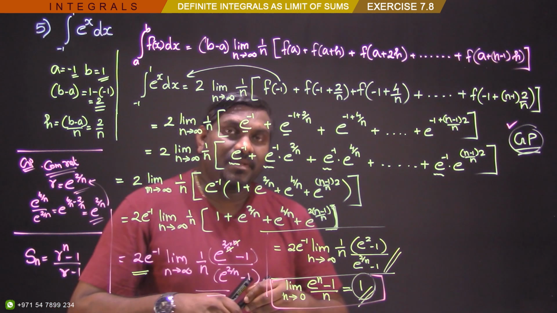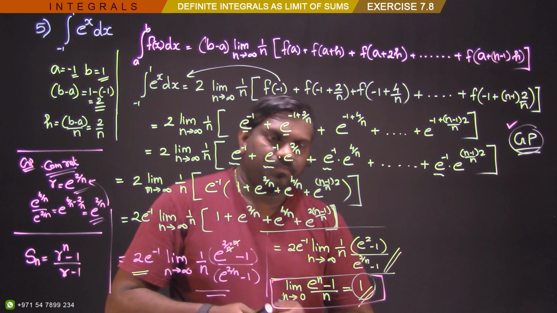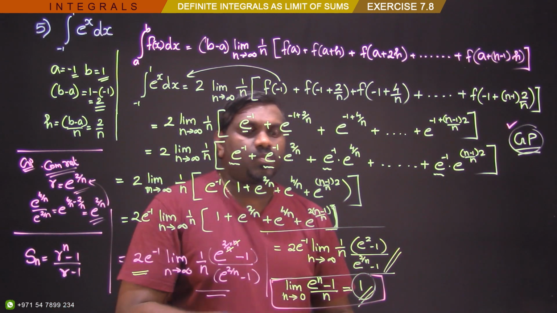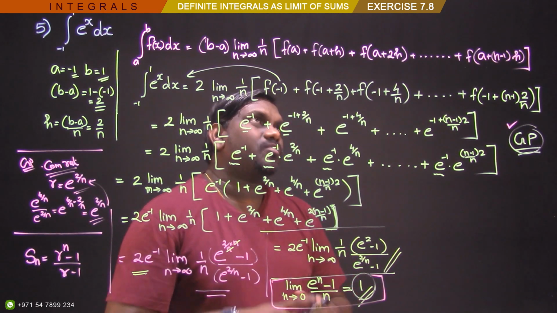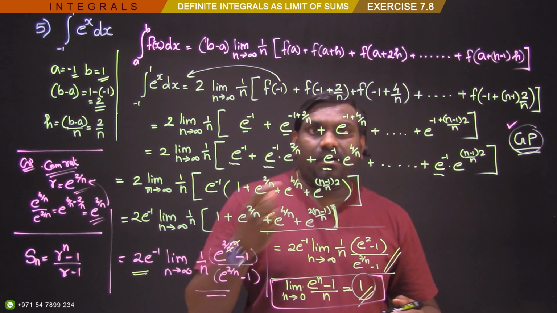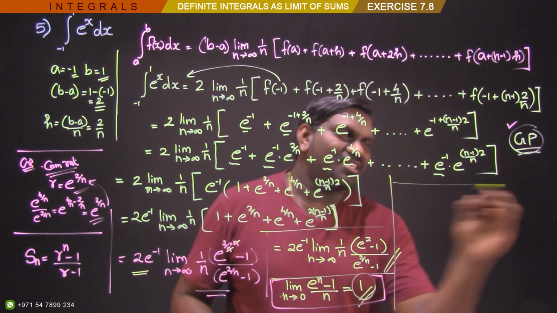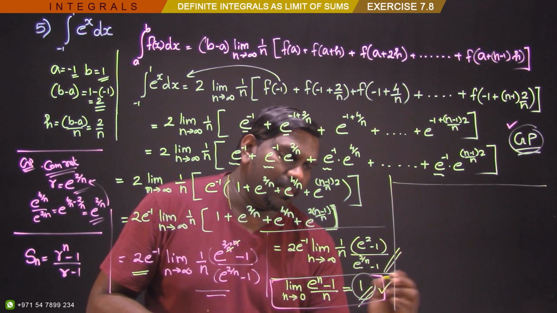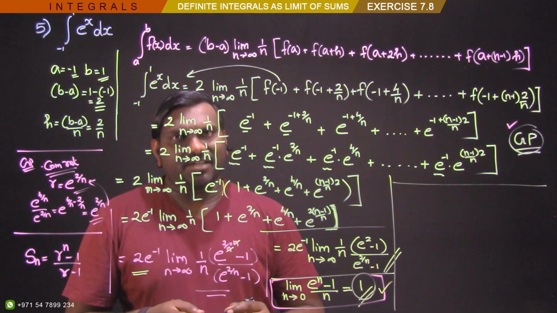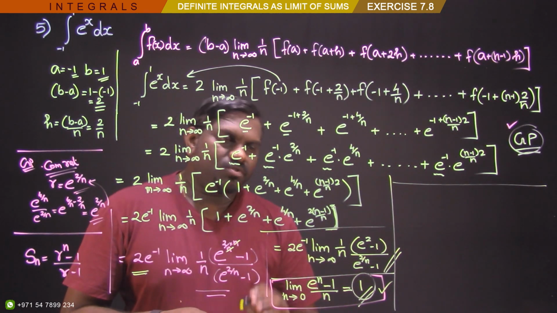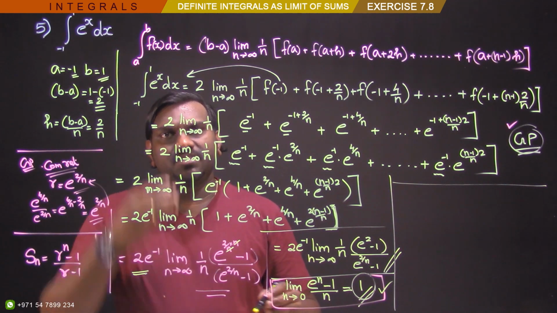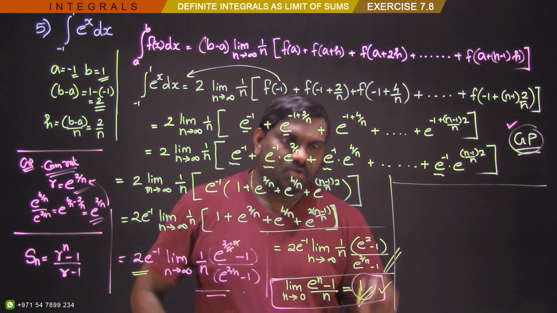Limit n tending to 0 of e raised to n minus 1 by n is equal to 1, because we have learned this in your older classes, dear. You have learned all these things, but I don't know how much you have remembered. Limit n tending to 0 of e raised to n minus 1 by n is always going to be equal to 1.